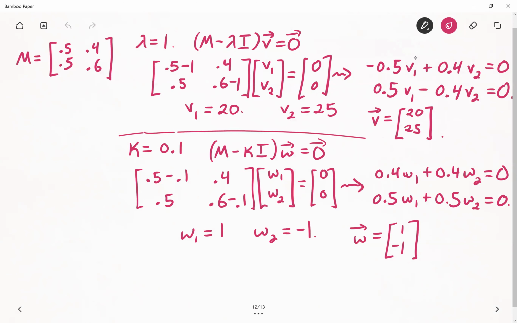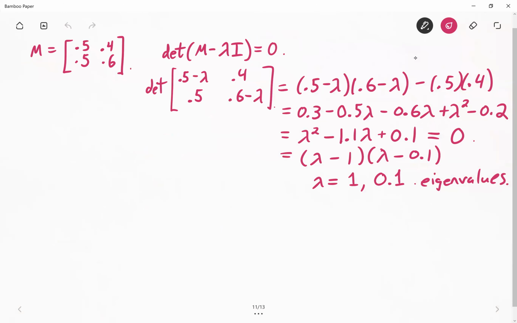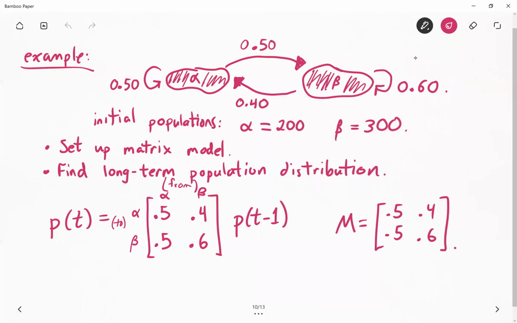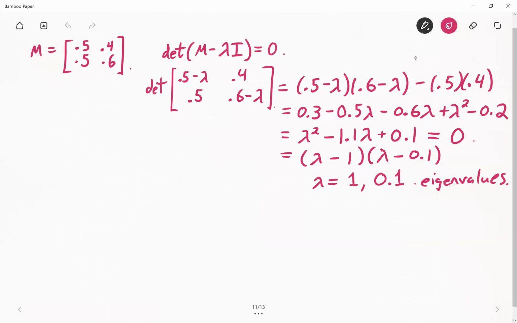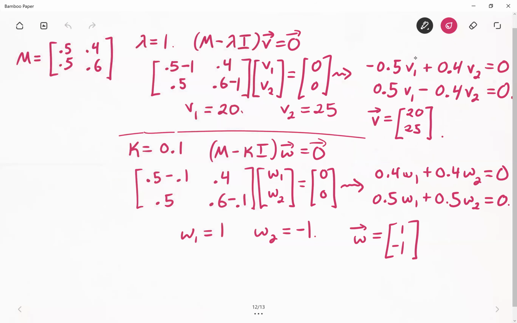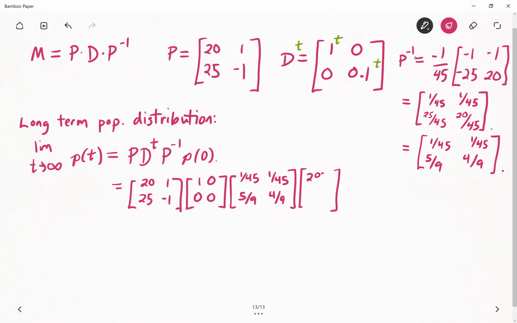Let's go back and check. Yes, 200 and 300. In the end, we're going to expect that once we multiply the three matrices out, we're going to get a matrix where in each row we have the same number appearing, which means that the long-term population distribution will only depend on the total population, not the initial distribution.